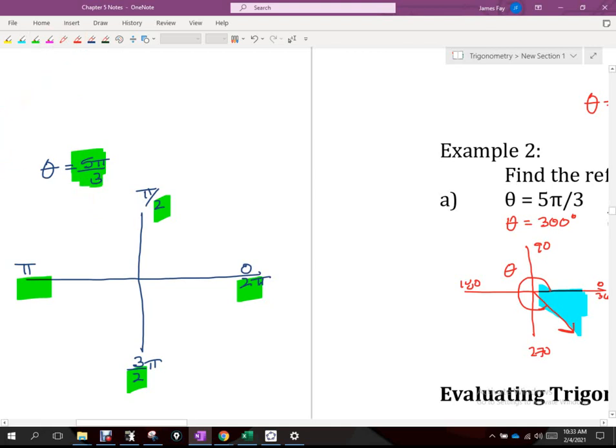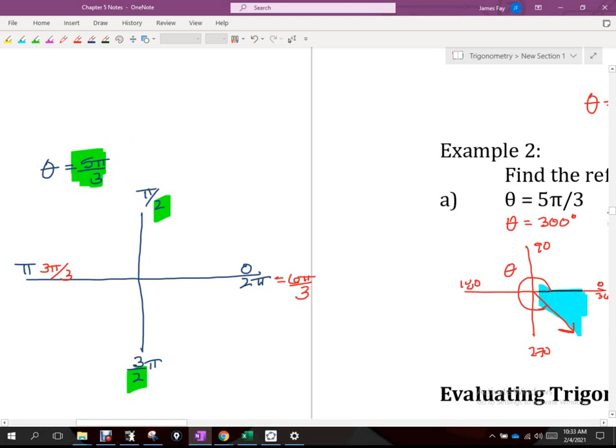So, how can I rewrite 2 pi? Like I said, this should be something that we can do pretty quickly on our own eventually. 2 pi is the same thing as 6 pi over 3. Good. Pi would be 3 pi over 3, correct? Okay, pi over 2.